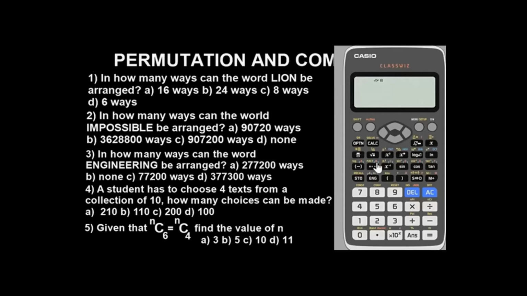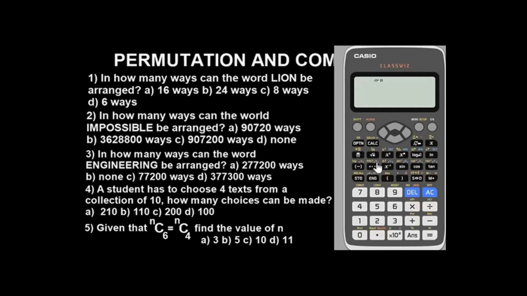Question 1 says, in how many ways can the word lion be arranged? So guys, I know a good number of you might be asking, how do you identify when it's permutation and combination? Very simple, guys. I'm going to explain now. Whenever the question is talking about arrangement of items or things, just know that it's talking about permutation.